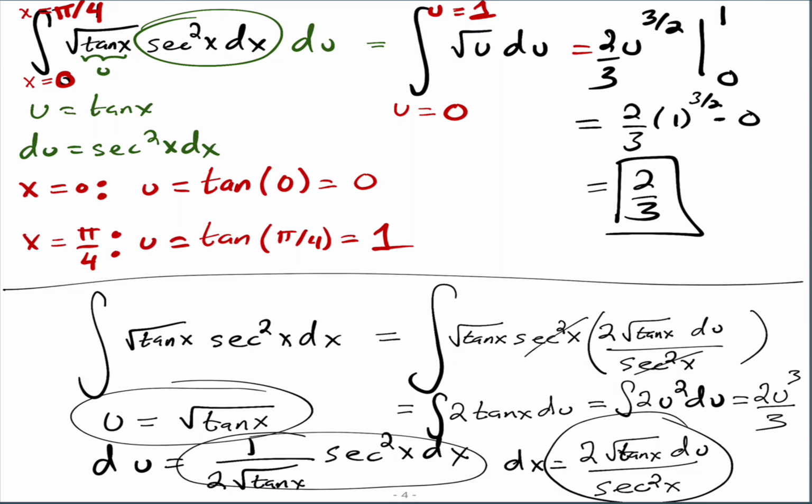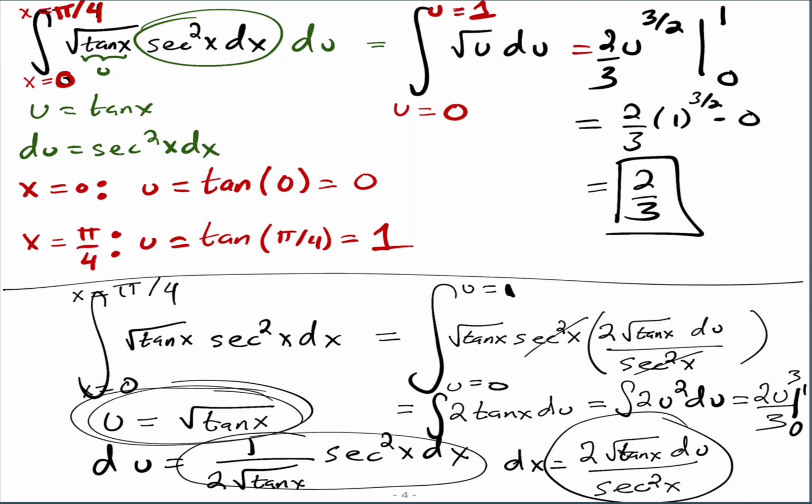Would the limits of integration be the same? If I'm going from 0 to pi over 4, these are x values. What would u equal? So now notice you're plugging it into square root of tan x. So what's square root of tan 0? 0. What's square root of tan pi over 4? Aha.